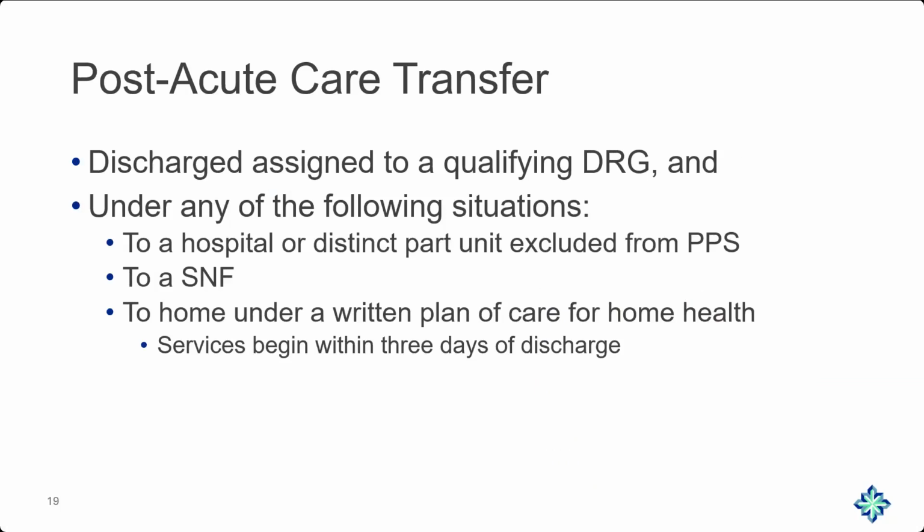Instead, the hospital may receive a daily or per diem payment. It may also pertain when the patient is discharged to home under a written plan of care for home health services from a home health agency, and those services occur within 3 days after the date of discharge.